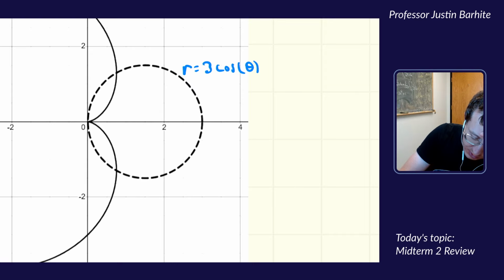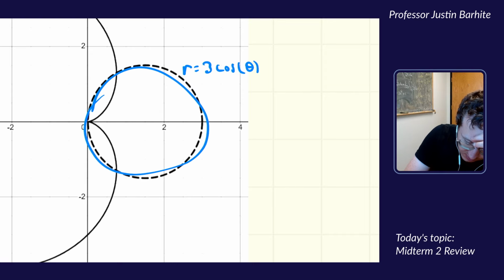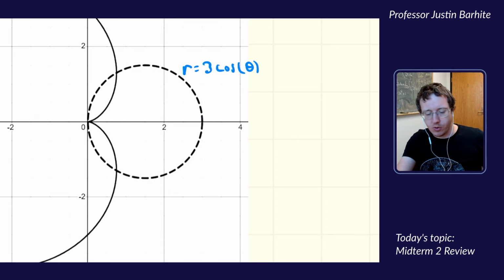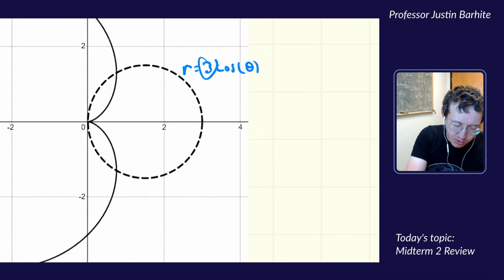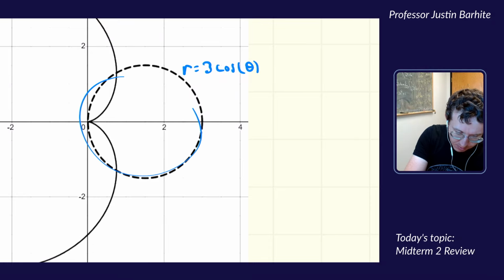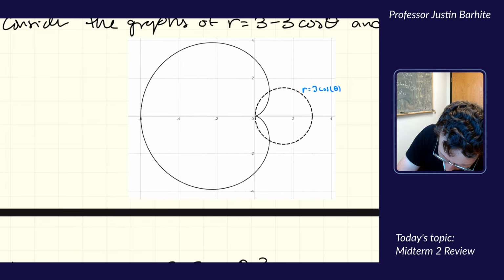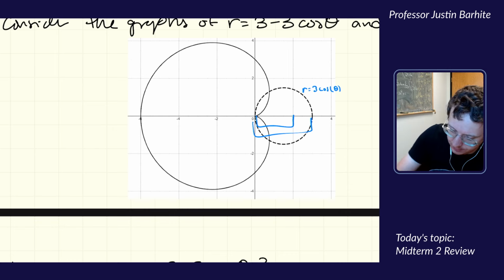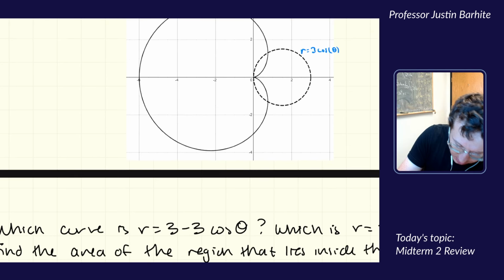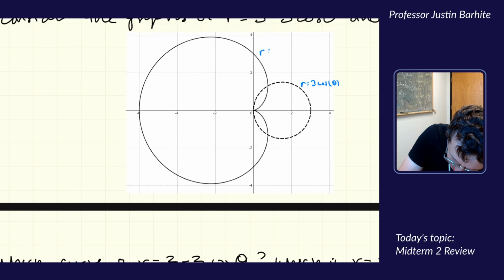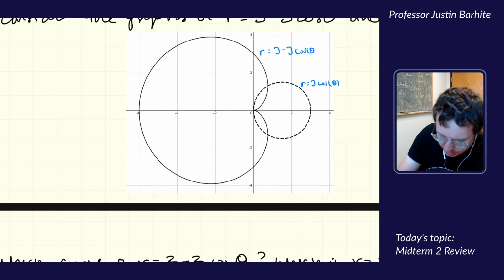We saw that it was a circle whose left side is touching the origin. Changing that 2 to a 3 is going to give us the same shape, essentially. It just makes the circle a little bit bigger. Instead of going from 0 to 2, it goes from 0 to 3. So the other one must be r equals 3 minus 3 cosine theta.